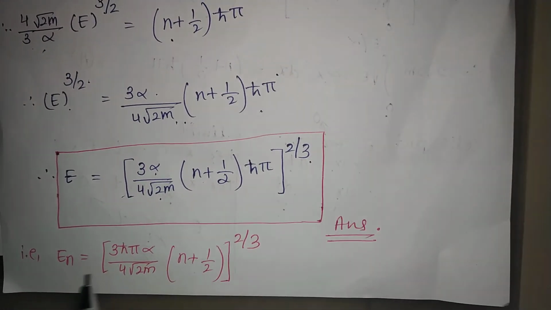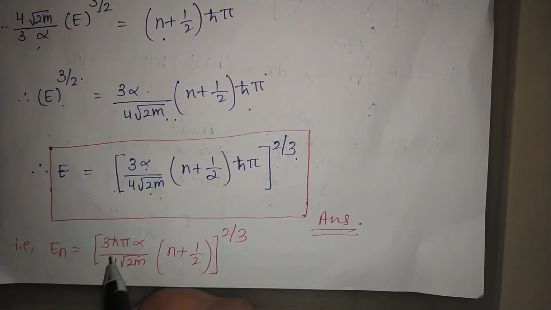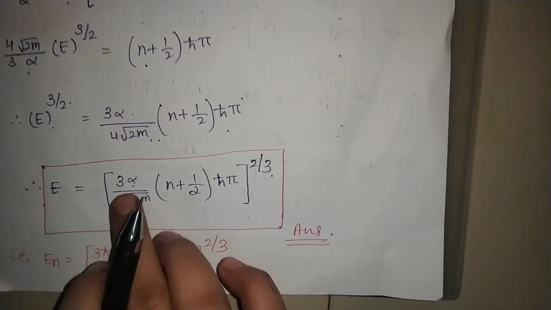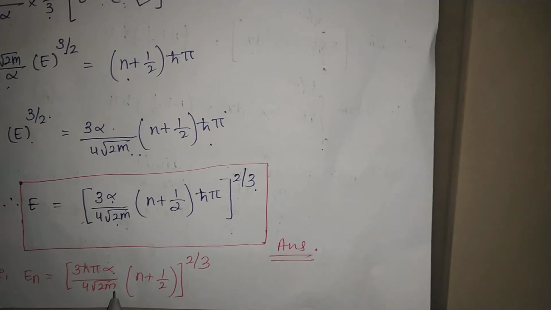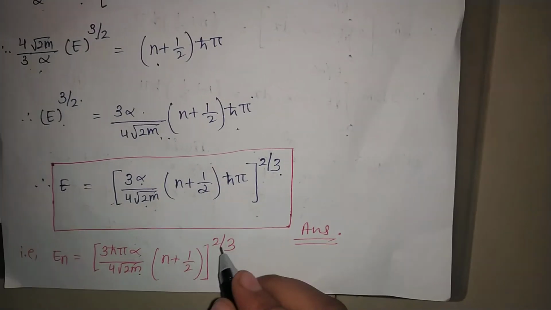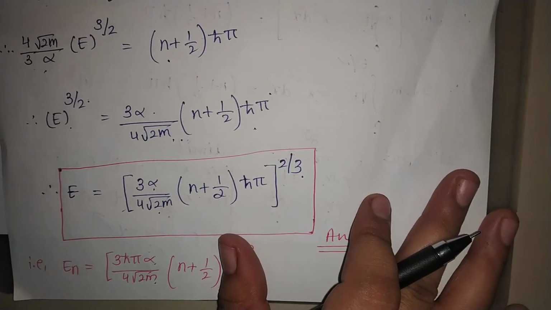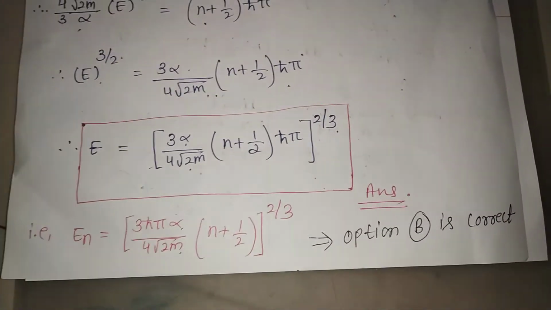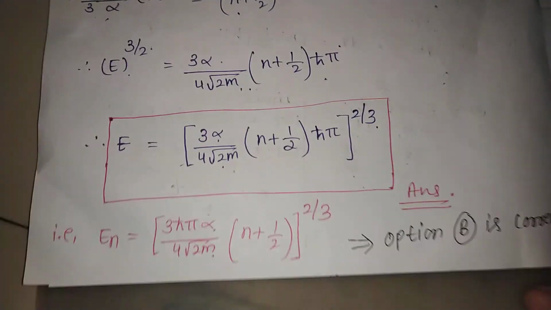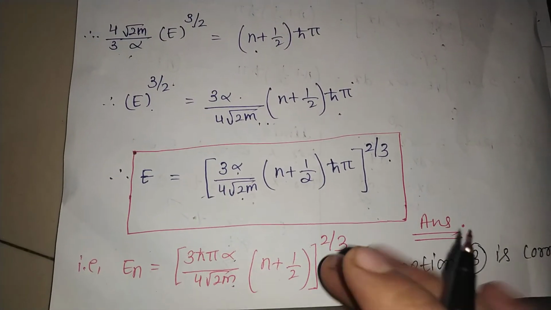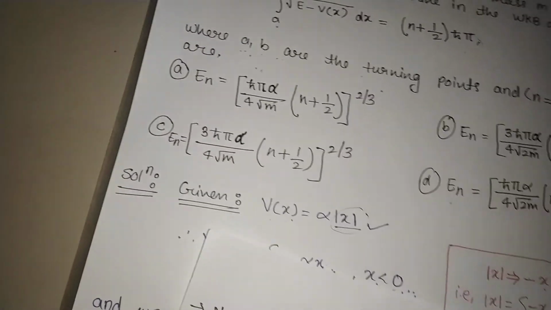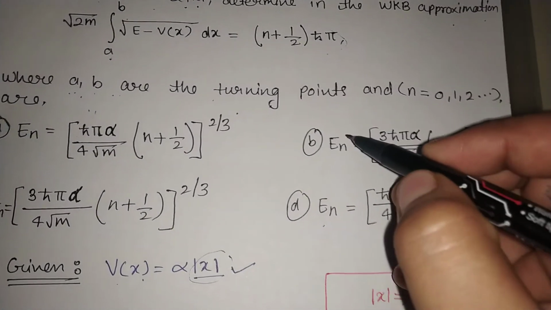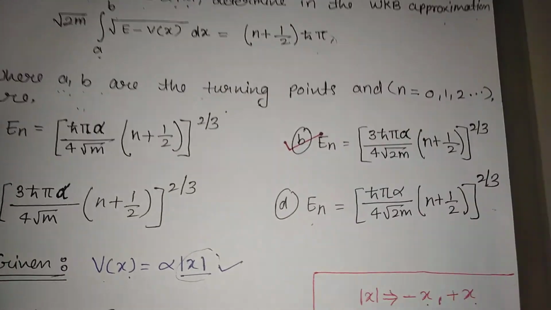Basically, we are getting the energy level, that is 3 h cross pi alpha, which we have written together, upon 4 root 2m of n plus half, raised to 2 by 3. Okay, so we have got the answer. So option B is correct. From all these four options, option number B is correct.